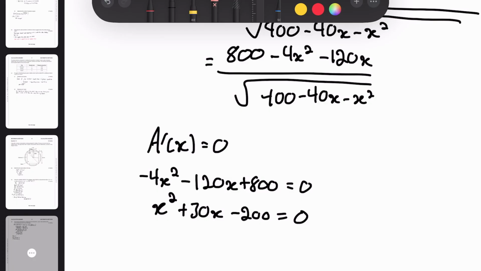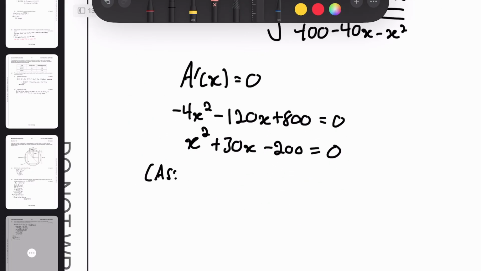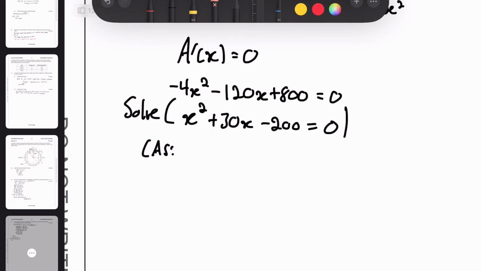And I don't think you can factorize this anyway. Okay, so I think this is just going to go on the CAS. So then CAS, we're just going to do solve of this. So solve of x squared plus 30x minus 200 is equal to 0. Give me some standard. Minus 200.